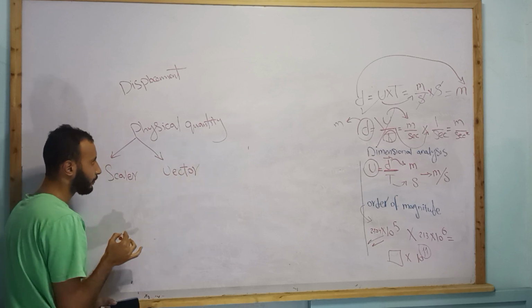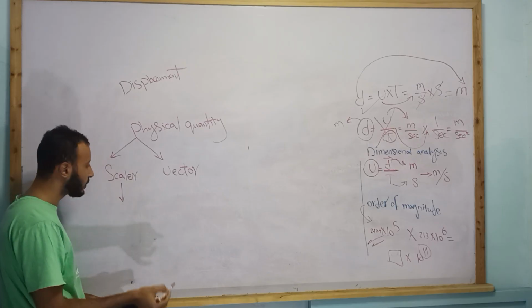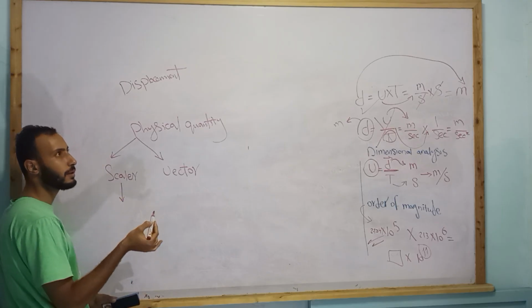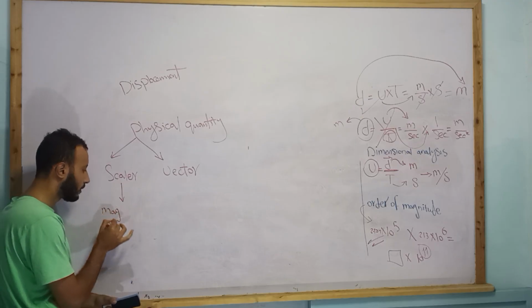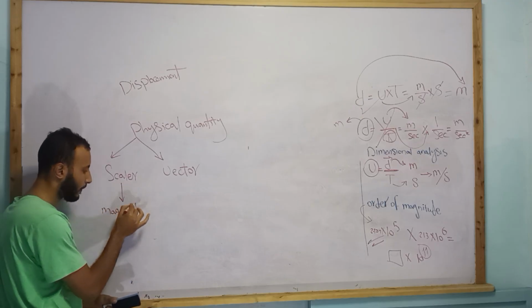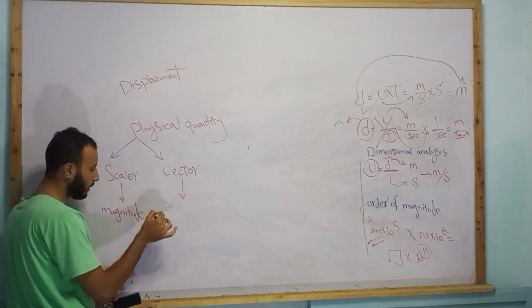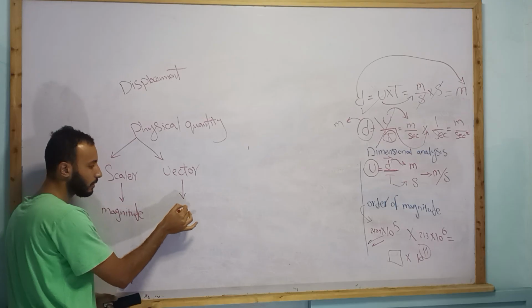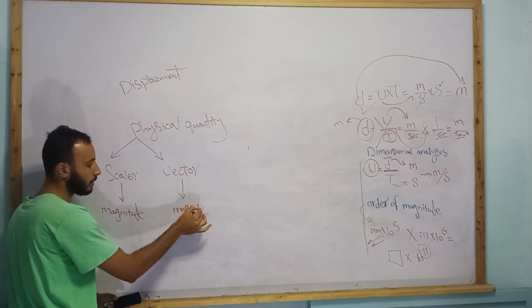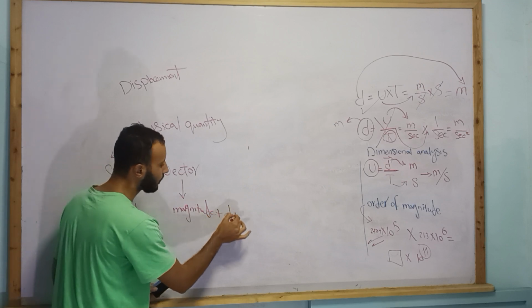When it's a scalar, you will find its description with only magnitude. And if it was a vector, you will find its description or its number with magnitude plus direction.